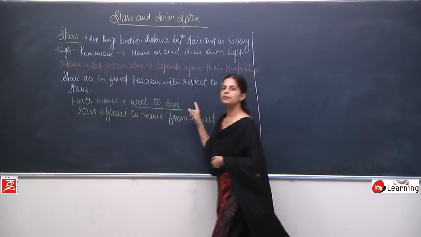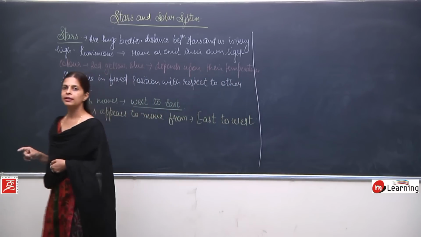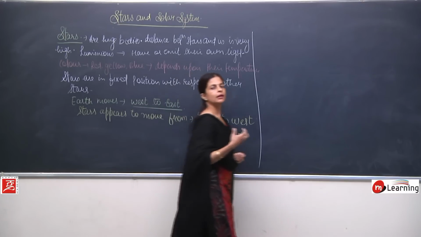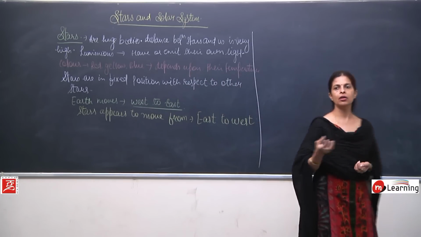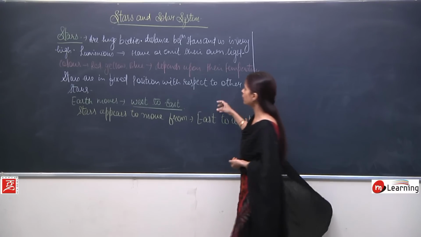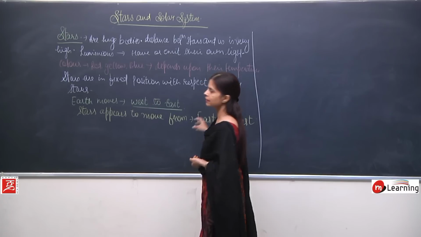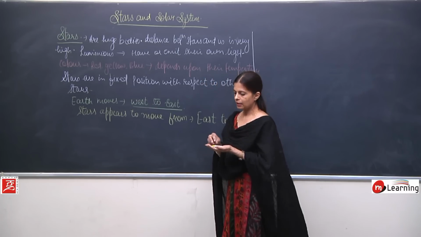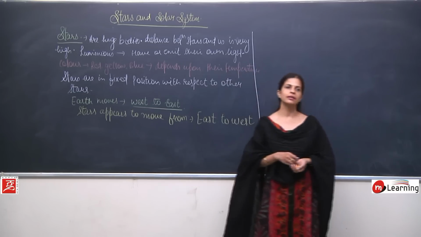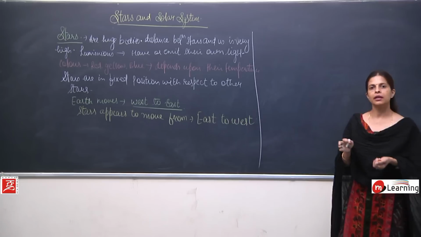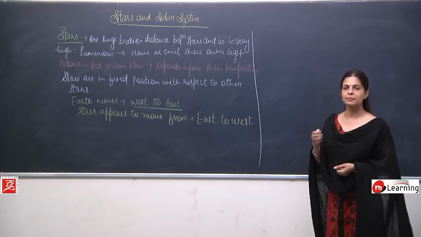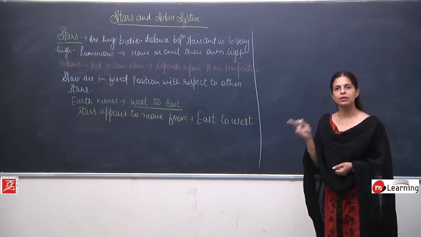Just because the earth is moving, it gives a kind of feeling that all these are moving, or it appears as if all these are moving from east to west. That is the reason we feel that the stars are moving, but actually these stars are at a fixed position with respect to the other stars. With respect to the other stars, always remember.